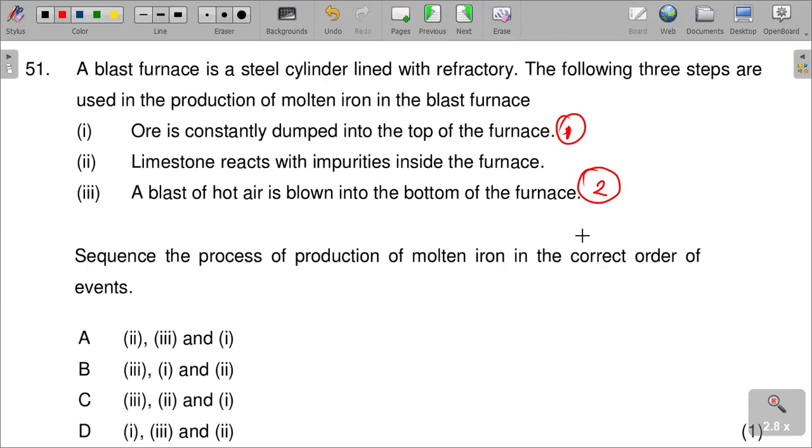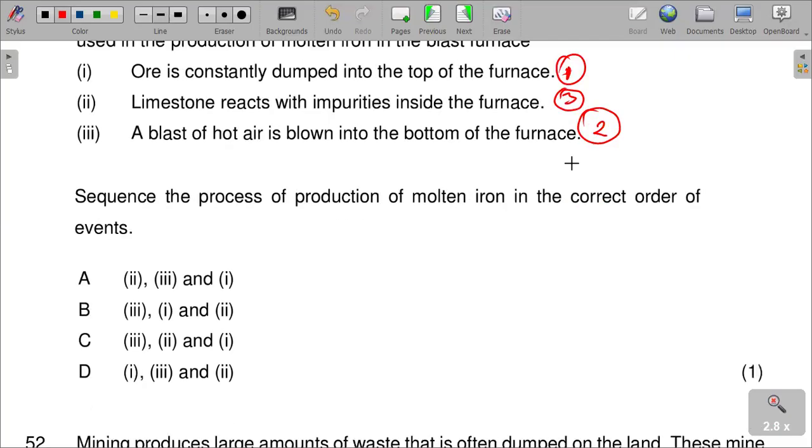And then obviously limestone reacts with impurities inside the furnace is number 3. So we are saying it is 132, which is D. D, 132.